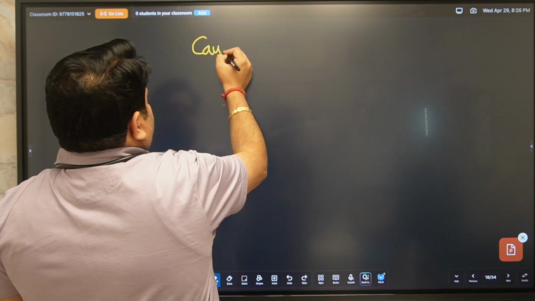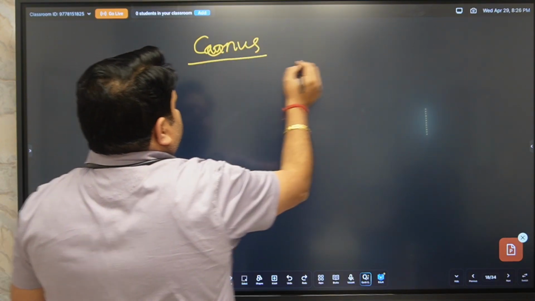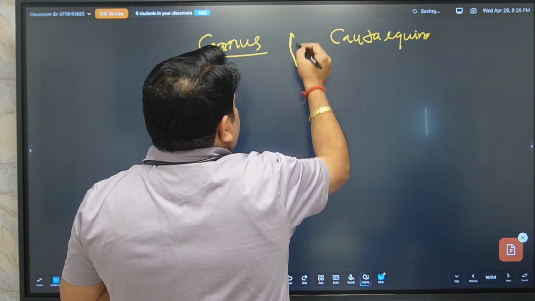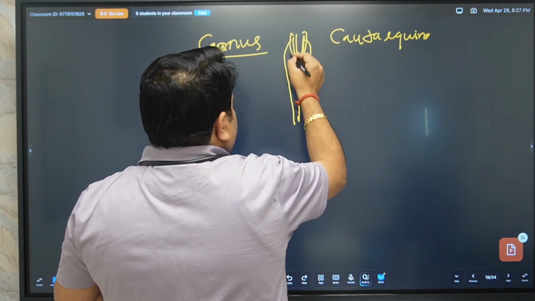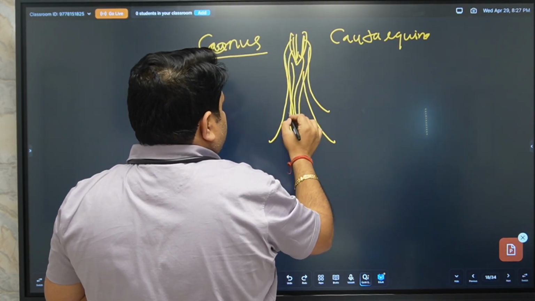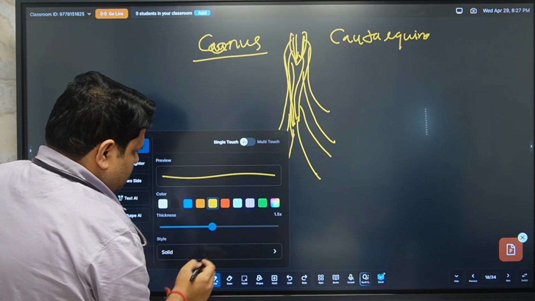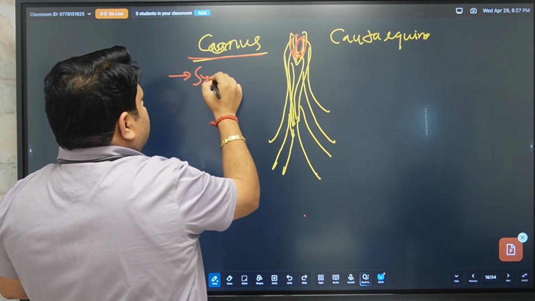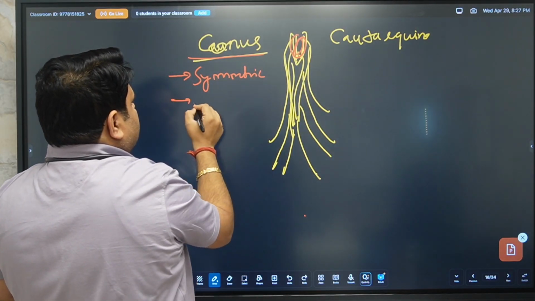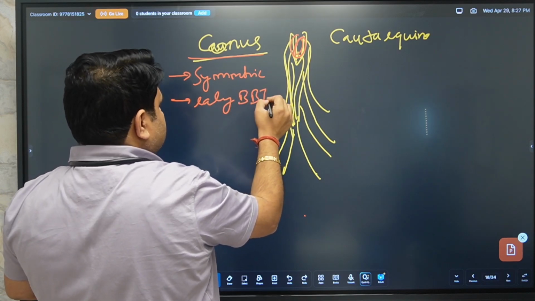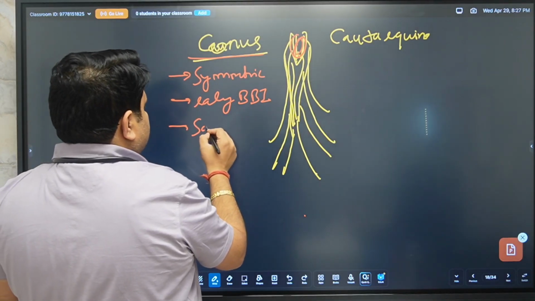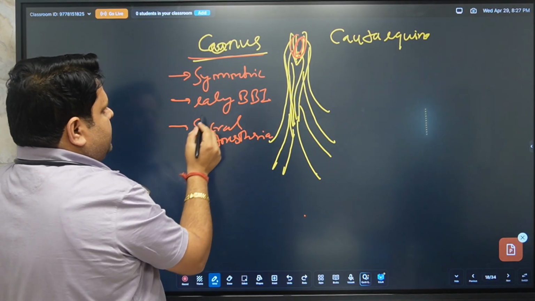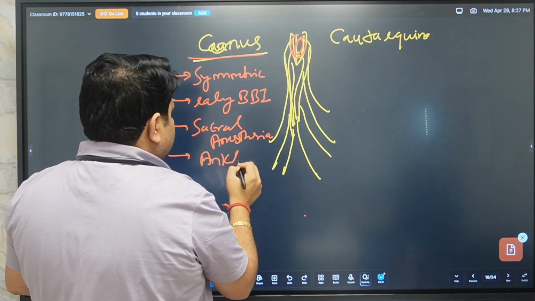So again, conus and cauda equina. In conus, as I said, there is involvement of this area, symmetric involvement, early bladder bowel involvement because of involvement of the S1 to S5 fibers, sacral anesthesia, and ankle reflex lost.